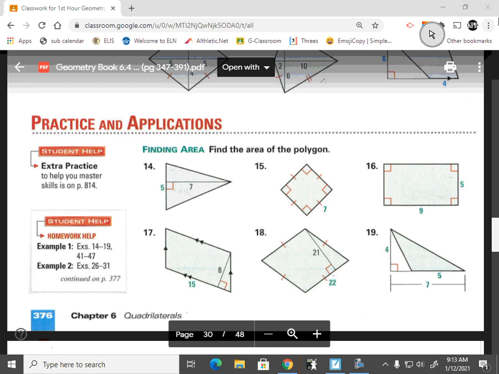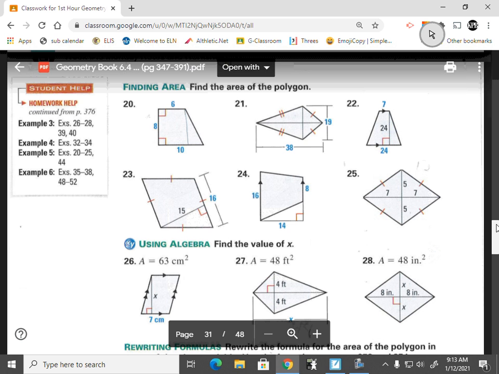And on number 17, you're just going to do 15 times 8, base times height. Okay. Number 20, that's a trap. Number 21, that's a kite. Number 22, that's a trap.